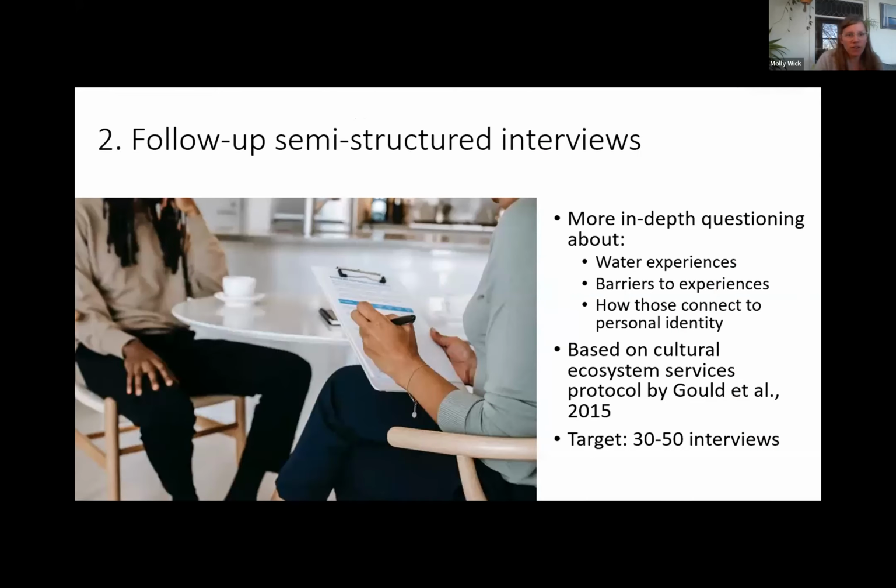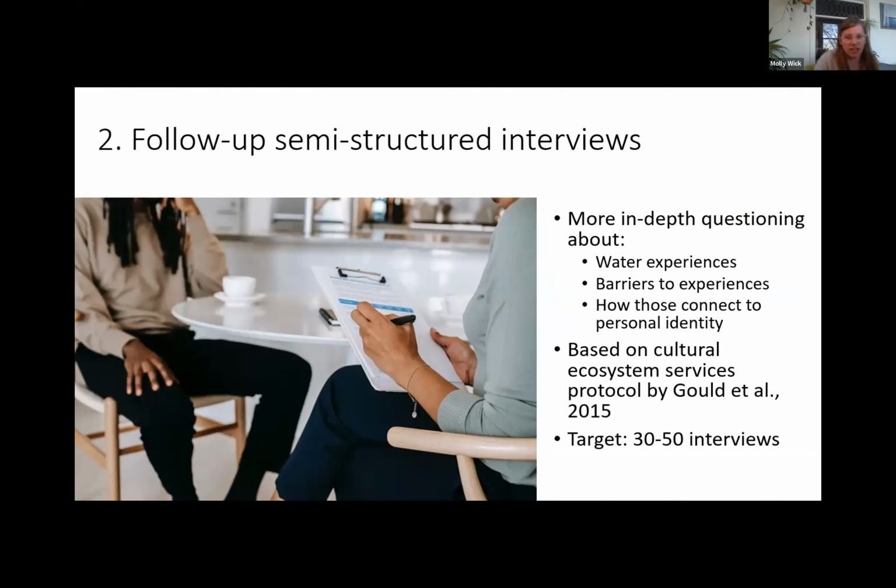The survey will be followed up with semi-structured interviews. And those will be more qualitative and have more in-depth questioning about people's experiences with the water, their barriers to experiencing cultural ecosystem services, and how those experiences and barriers connect to who they are as a person or personal identity.